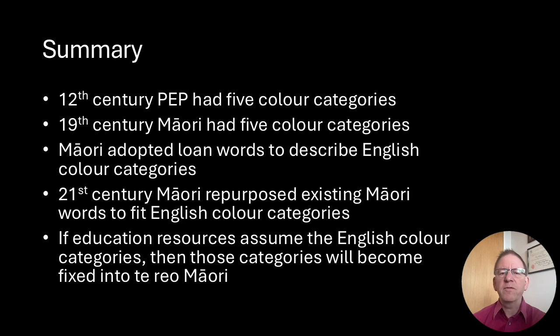As the language was revitalised, Māori repurposed existing words, kiwi, karaka, poroporo, to replace the loanwords. Today we teach children their colours in Māori, using the Māori words that fit the 11 English colour categories. If we continue to do this, then over the next generation or 2, these words and this colour categorisation will become fixed in Te Reo Māori.